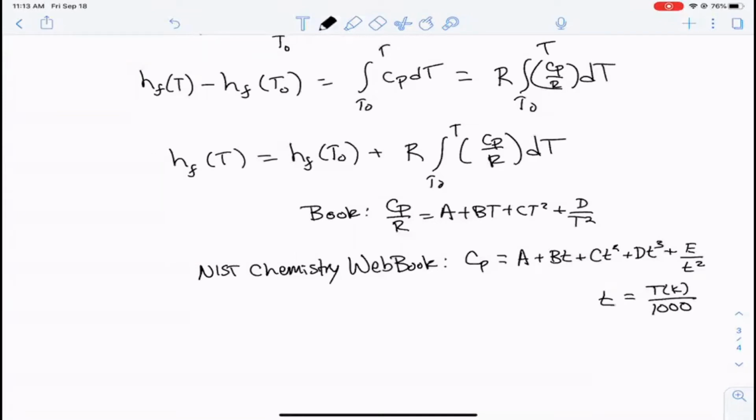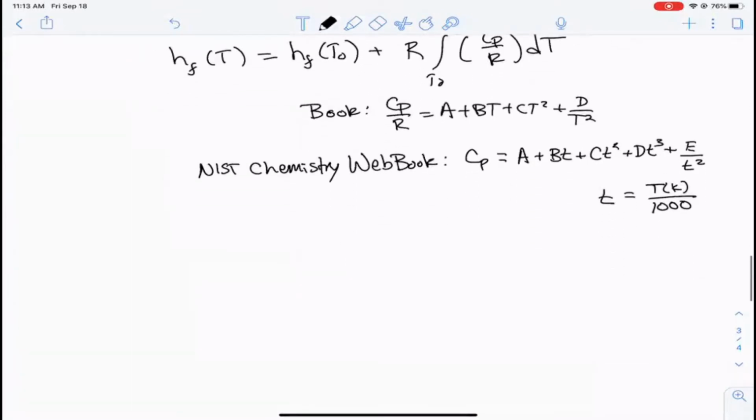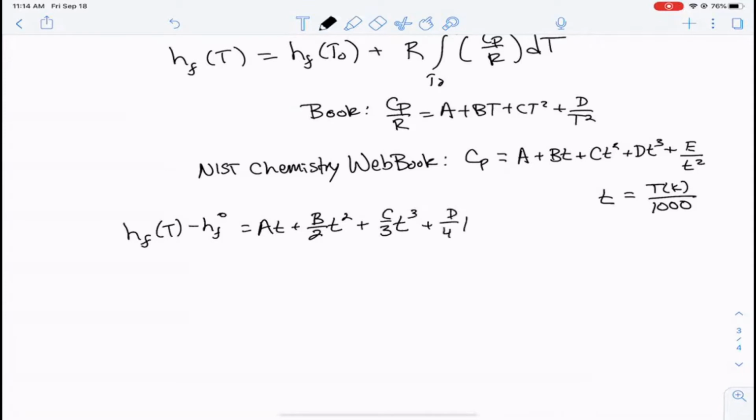And the expression is a little bit more complicated, but we'll see in a second, they actually do this same integral that we've been doing, and they get the heat of formation as a function of temperature minus the standard heat of formation is A times T plus B over 2 times T squared plus C over 3 times T cubed plus D over 4 times T to the 4th minus E over T plus F minus H.